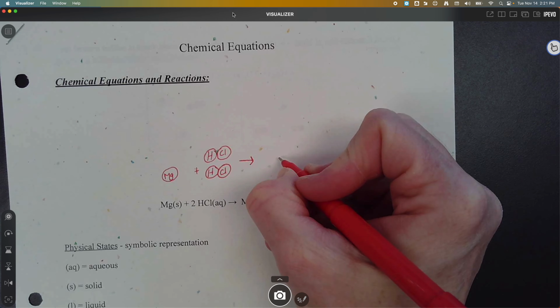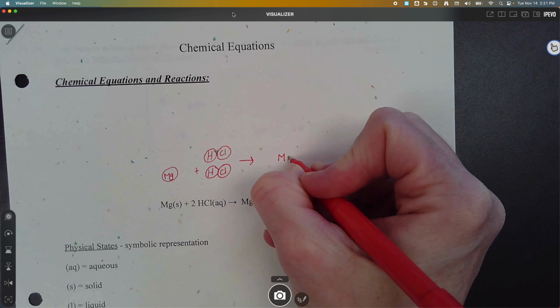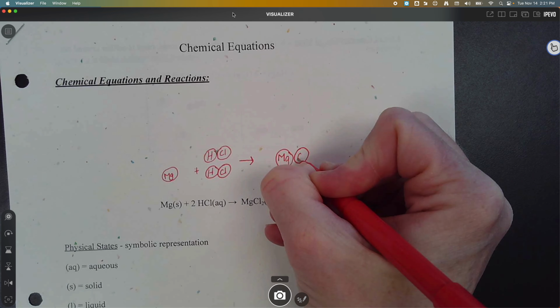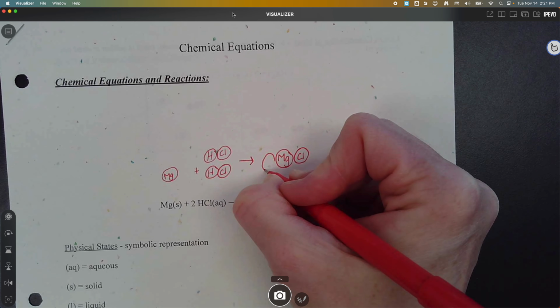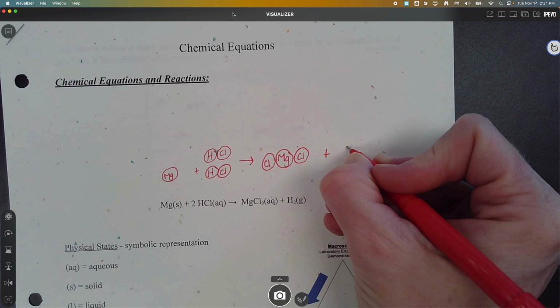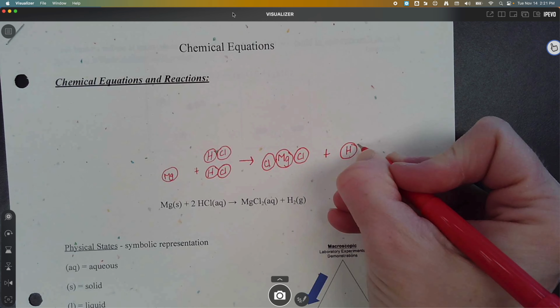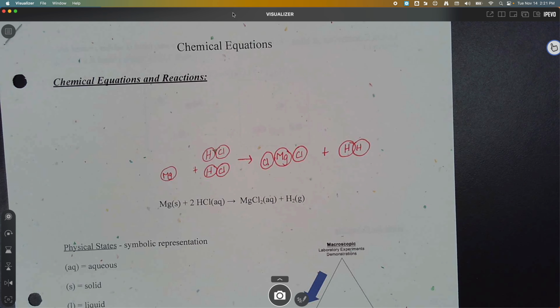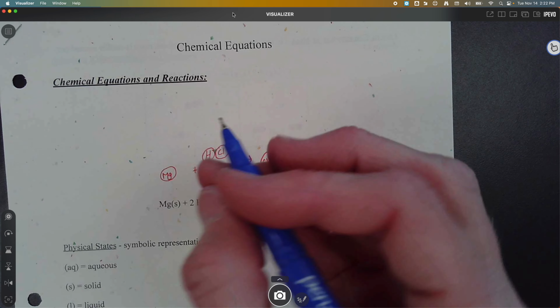And that is going to form a particle of MgCl2, and a particle of H2. So we've kind of learned to read these things along the way. And today we're going to formalize how this all works.